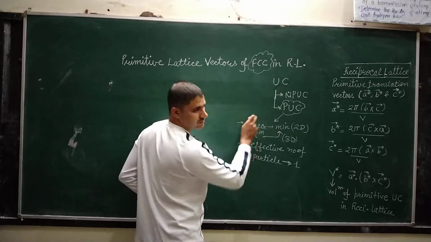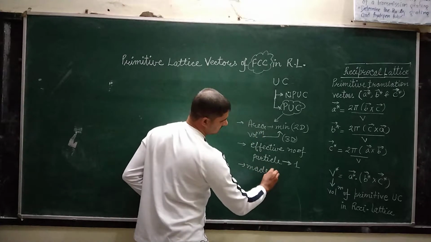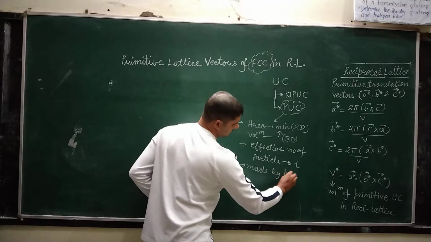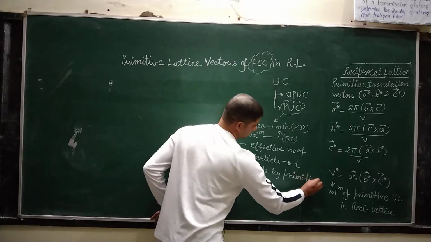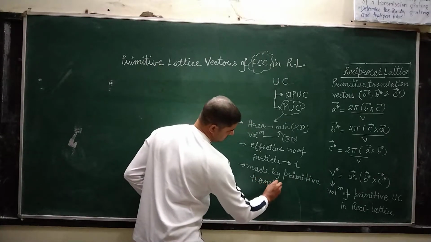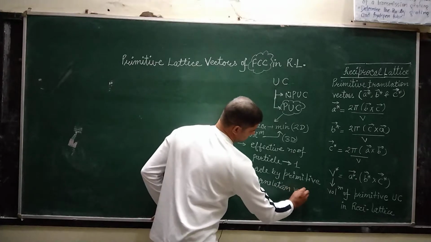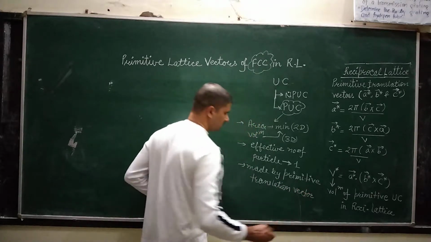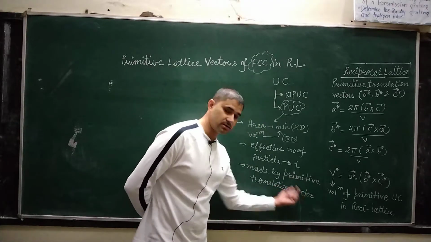And primitive unit cell is made by primitive translation vectors. I am using here the word primitive before translation vector.